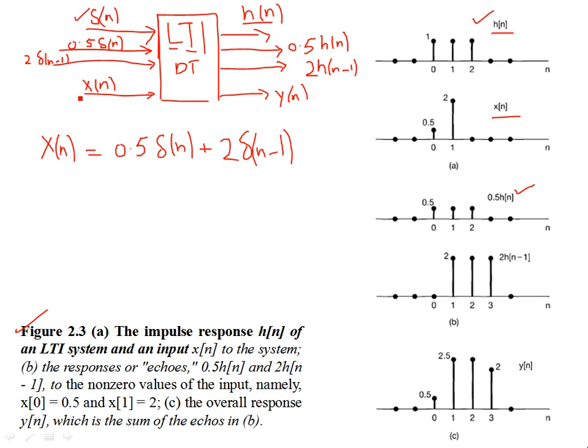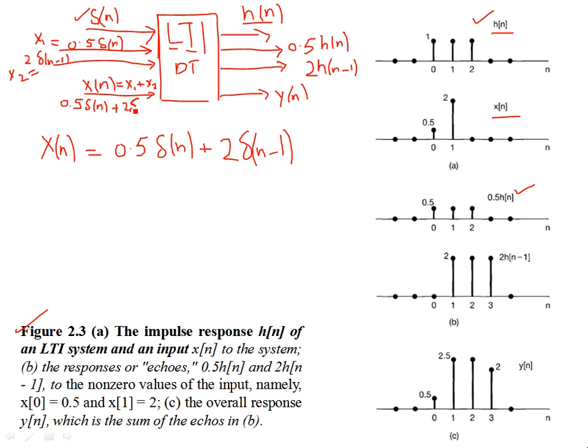Now if I apply input x of n, it can be decomposed into two inputs, x1 and x2. Let's call the first input x1 as 0.5 delta n. I'm linearly combining the two inputs x1 and x2 here, right? So now my input x of n is 0.5 delta n plus twice delta n minus 1.